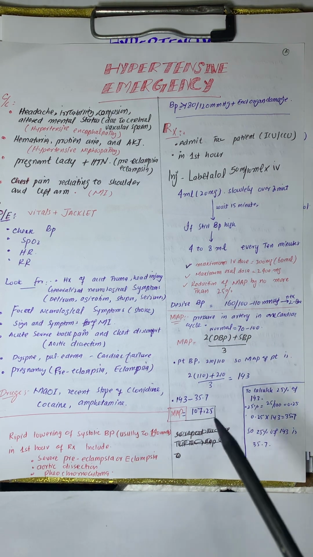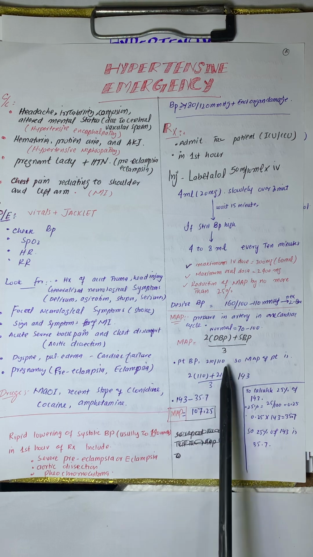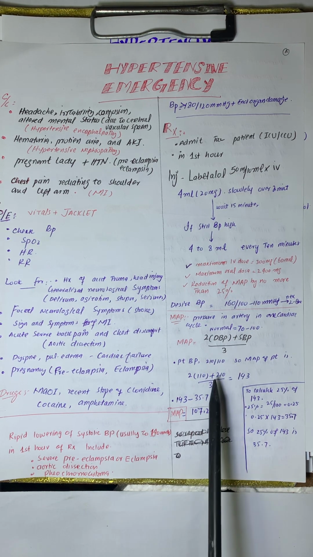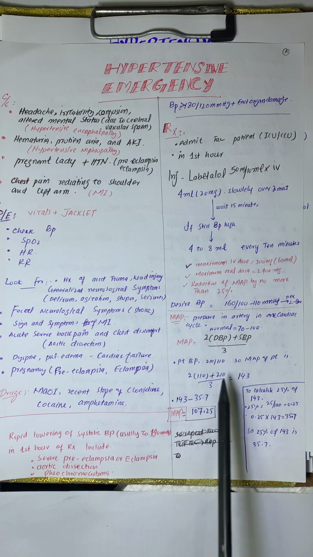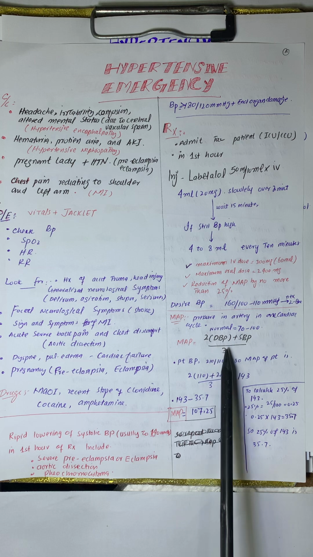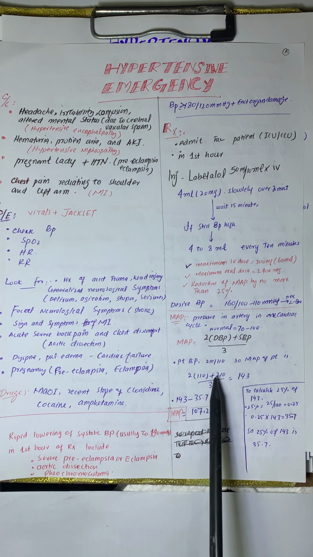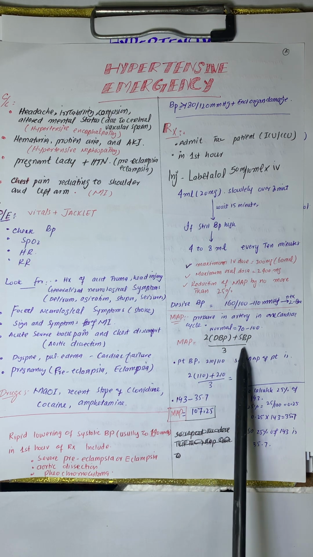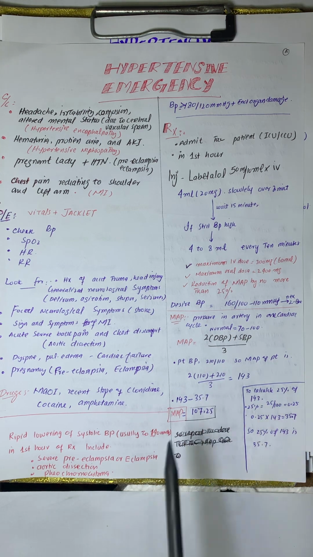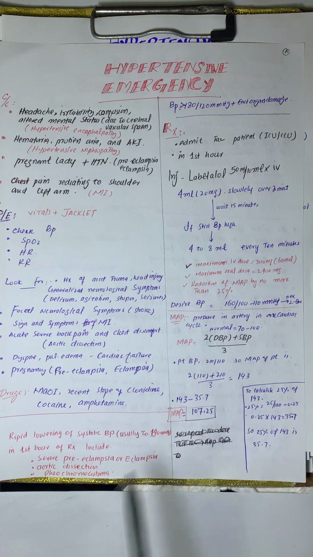For example, if the patient has systolic blood pressure 210 and diastolic pressure 110, the mean arterial pressure is 2 times diastolic 110 plus systolic 210, divided by 3. So the mean arterial pressure comes to 143.